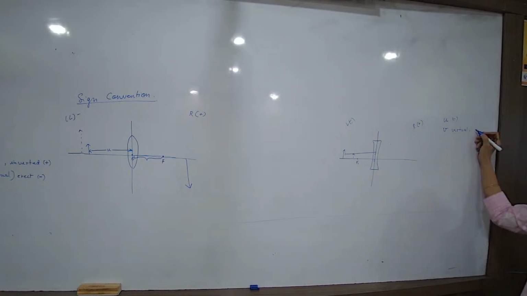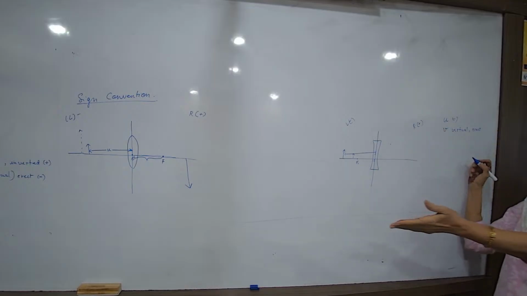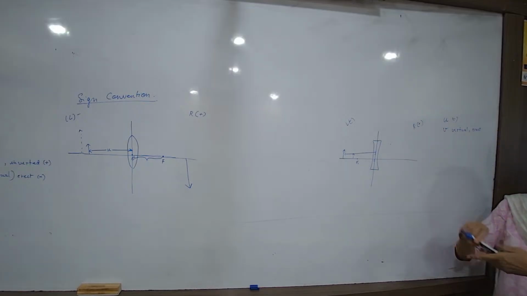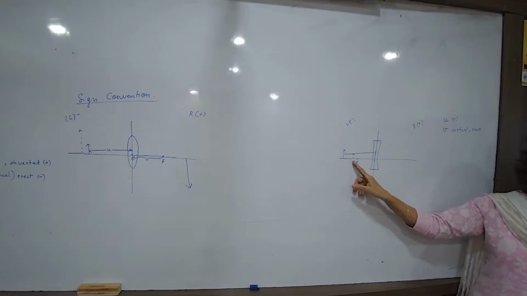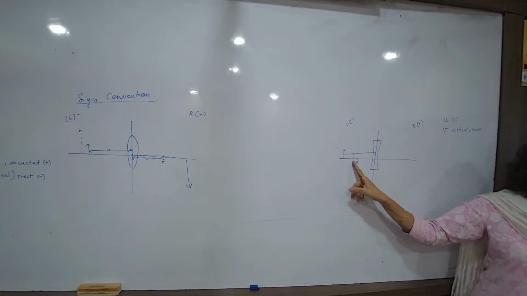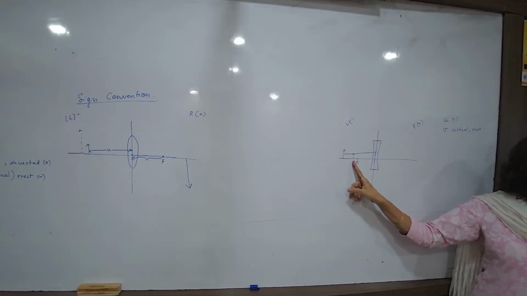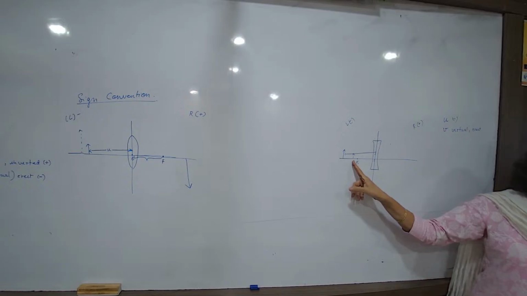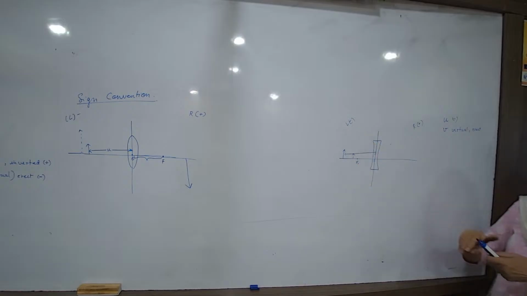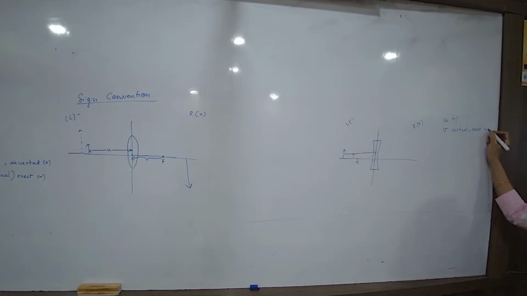And if it is virtual, obviously it is going to be erect. And it is going to be on the same side as that of the object. Object is here, image is here. So which side? Obviously the left side, so it's going to be negative.